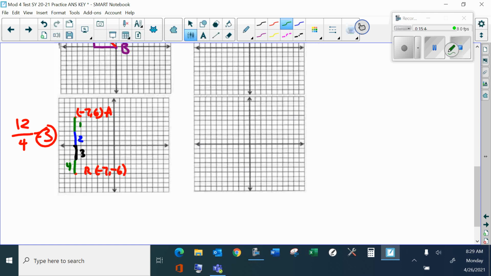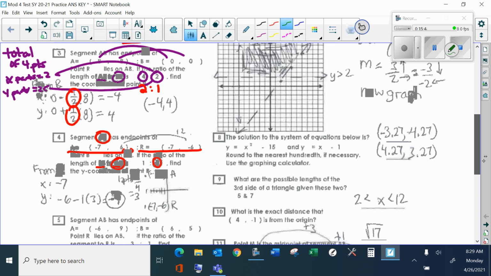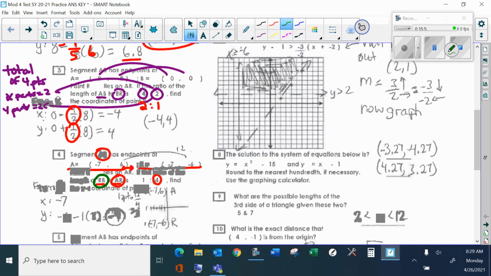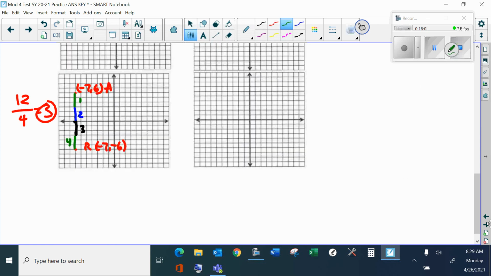Going back to what it said, how many parts is B from R? From B to R is only 1 part. So I only have to go 1 part further down. Remember, every 3 was 1 part. So I go 1, 2, 3, and there's where B is, which would be -7, -9.